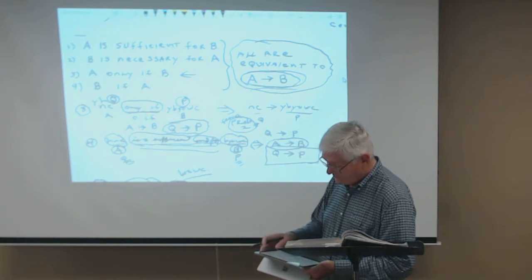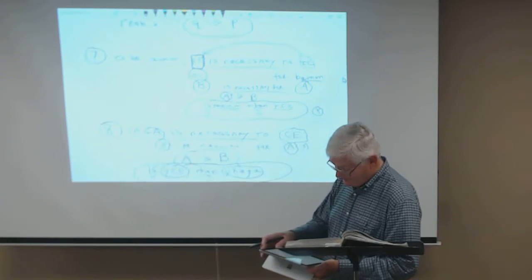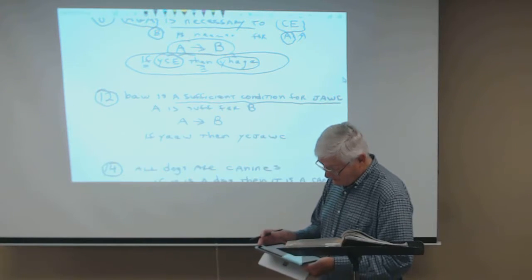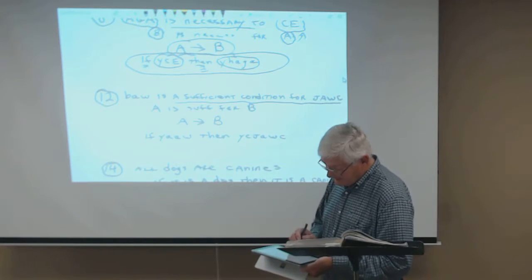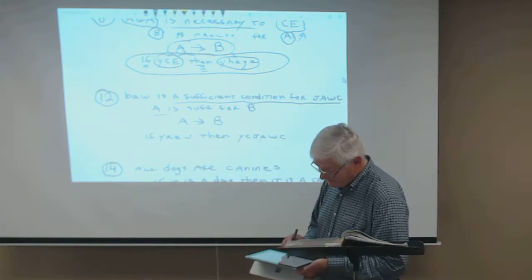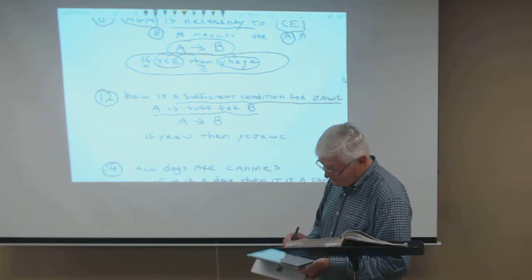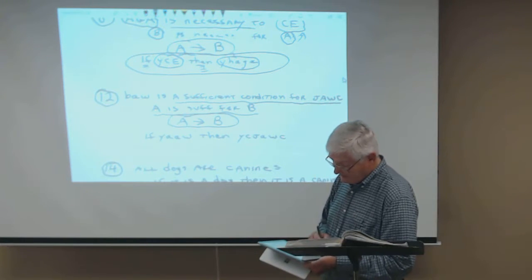A is sufficient for B. So I come down here to number 12 and say A is sufficient for B. And that's equivalent to if A, then B.